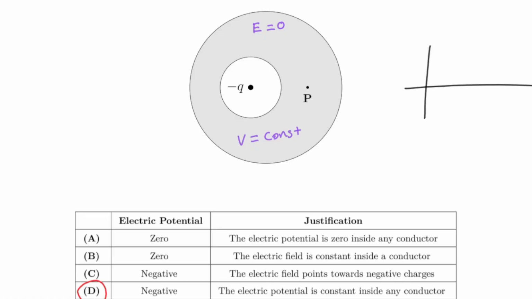So if we actually graphed sort of what this would look like, we would get like a big infinite negative spike, then it would be constant throughout the conductor, and then it would decay towards 0 as we get outside. So this is like the inside the conductor region. So this is like V versus R. That would be if the cavity was centered.